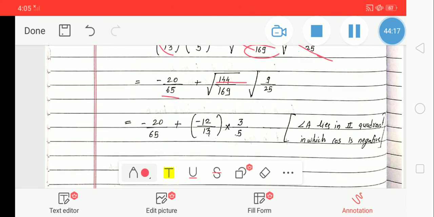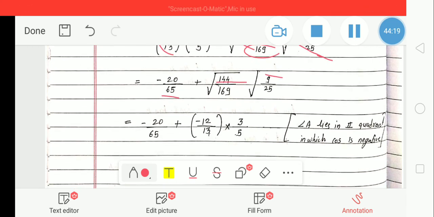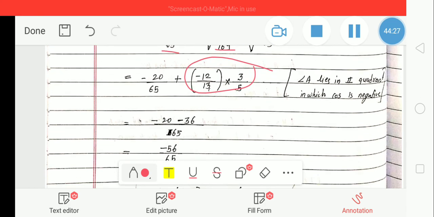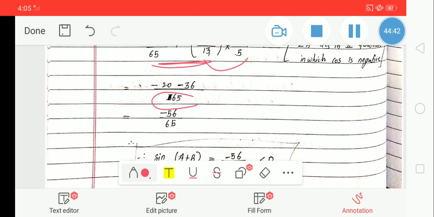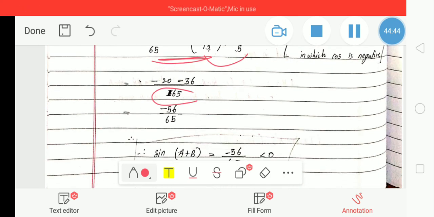Here 9 means 3 squared and 5 squared; here 12 squared and 13 squared. So the square and root get cancelled, giving this value. Now 13 multiplied by 5 means 65. The bases are the same, so we write 65, and 20 plus 12 multiplied by 3 means minus 36, so minus 12 minus 36, so minus 36 divided by 65.